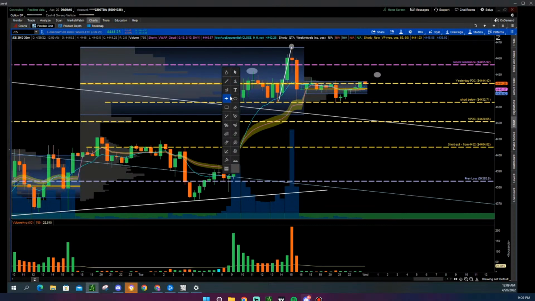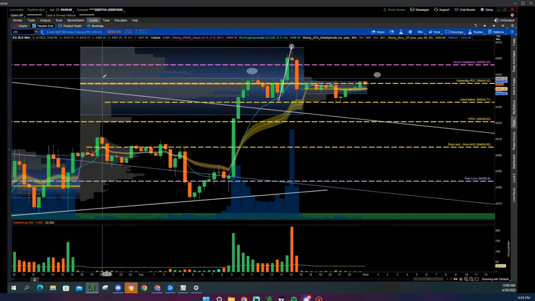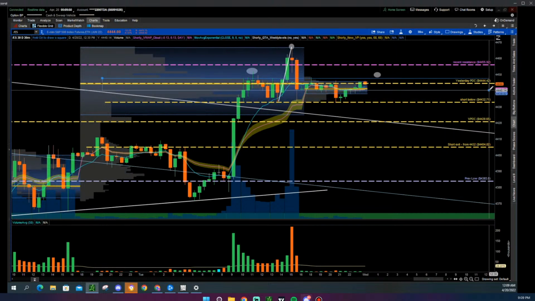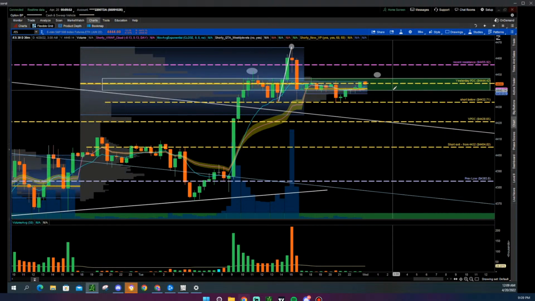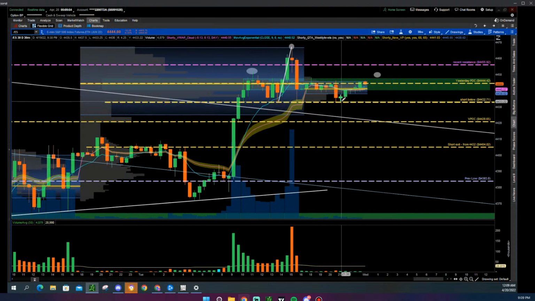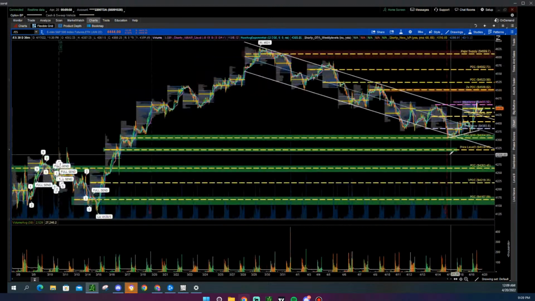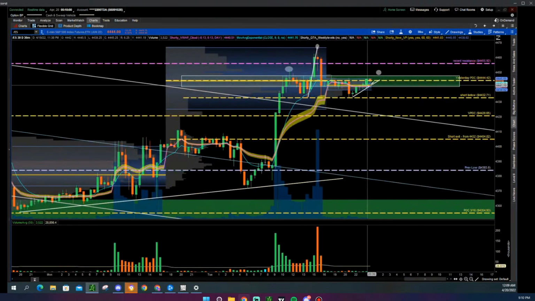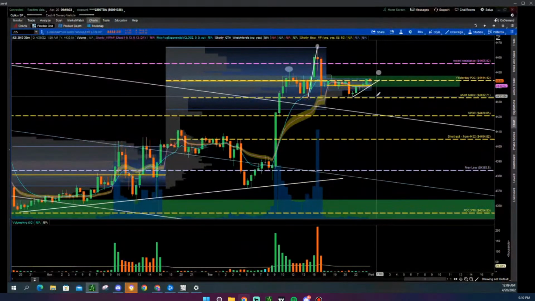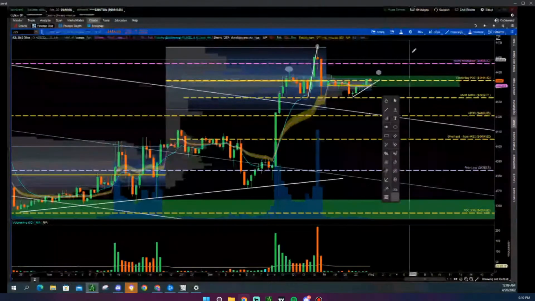And this one, you guys see that it has created a nice shelf right here. So the way I see it is, watch this here. Maybe we don't get to see it, but if this breaks here, I would not short it. You guys know why?